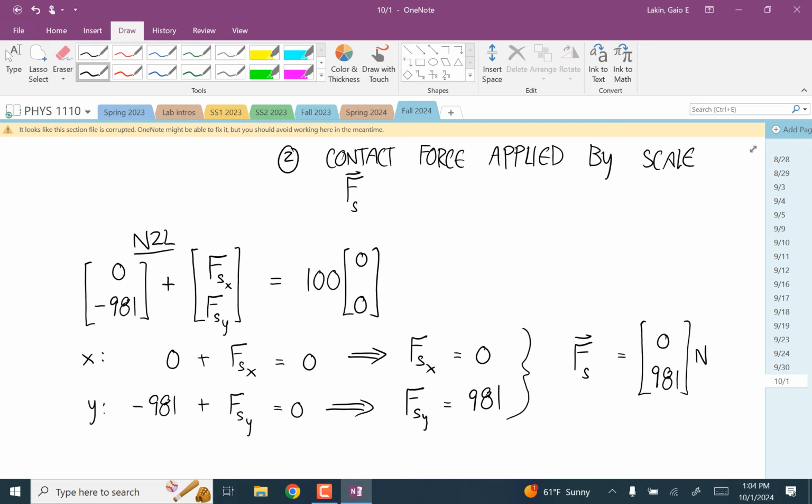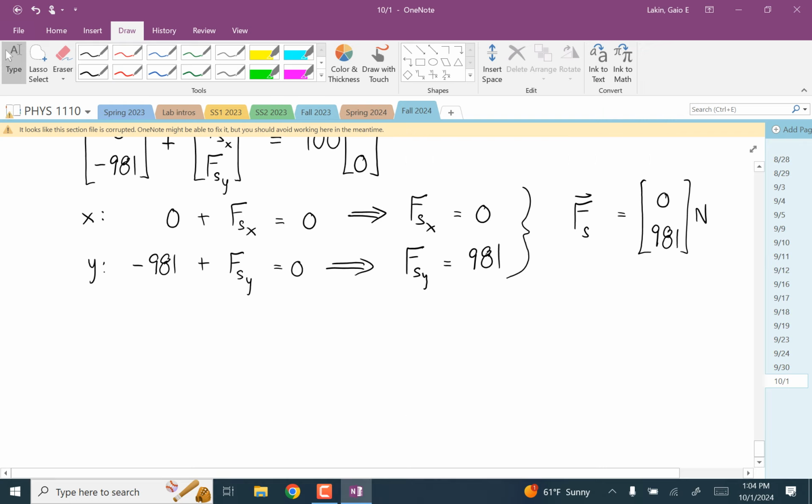So let's do one more calculation like this. This time, let's see what happens if you stand on a bathroom scale on an elevator while it's accelerating. You know that feeling right at first when you start going up or down in an elevator, you feel a feeling in your stomach, and that's the acceleration.